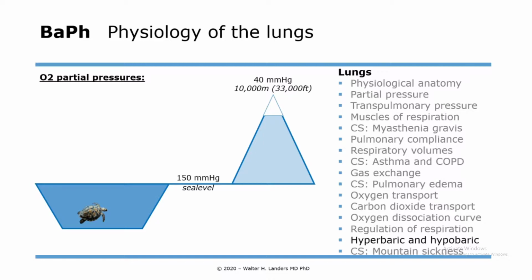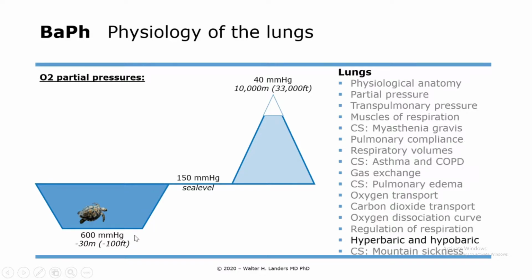And then, of course, on the other hand, we have sea level, which is where it very rapidly goes down. So you can see that if you go up by 33,000 feet, it decreases by about four times. So it's about a quarter of 150.